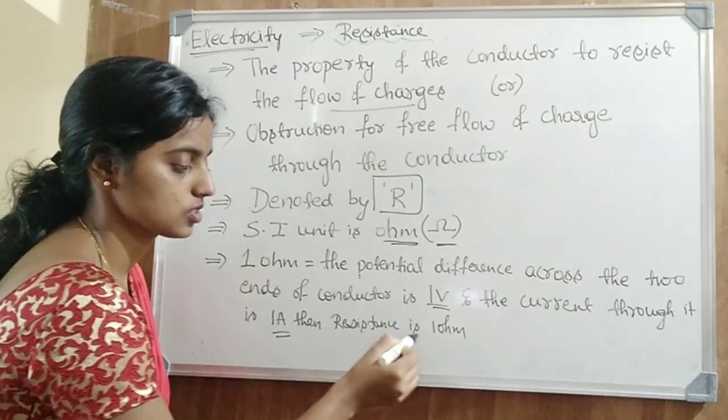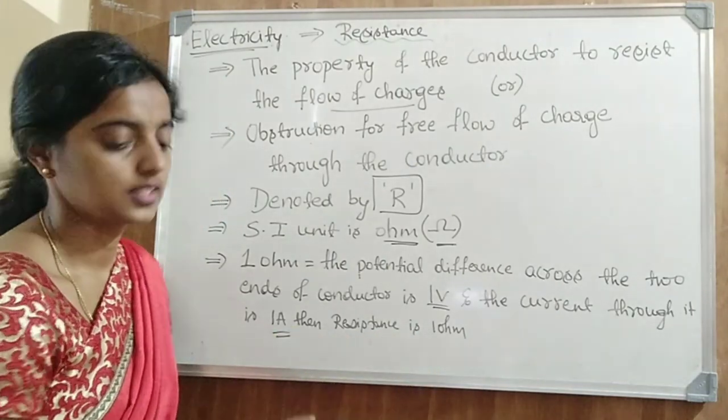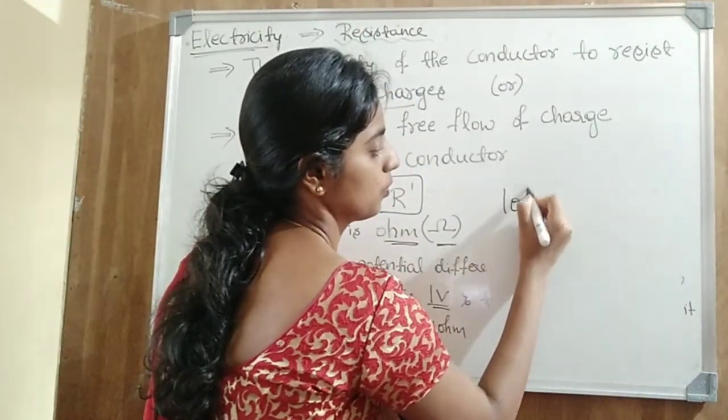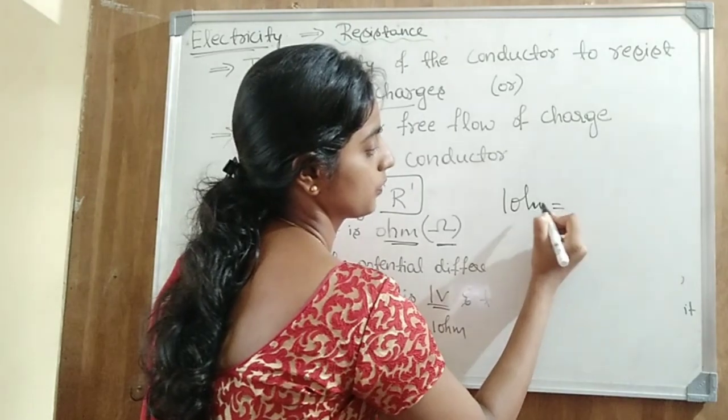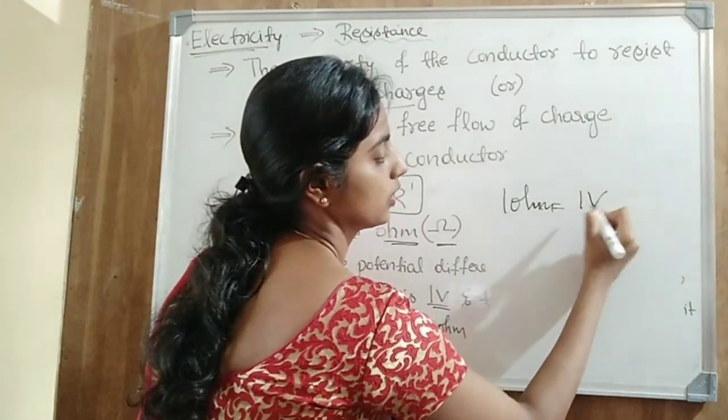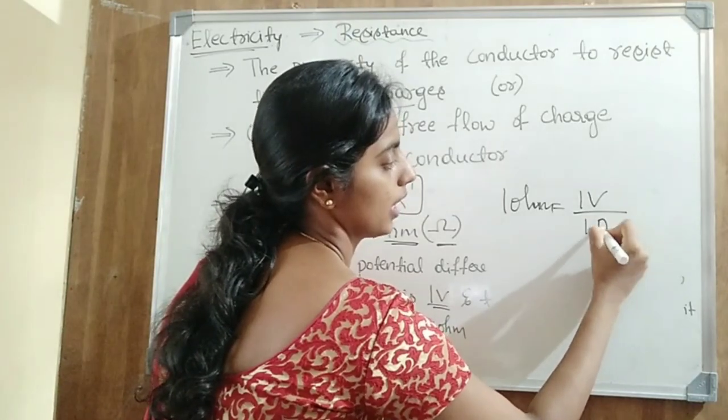Then resistance is 1 ohm, and this is written as 1 ohm is equal to 1 volt divided by 1 ampere.